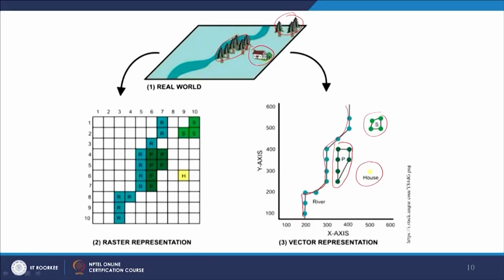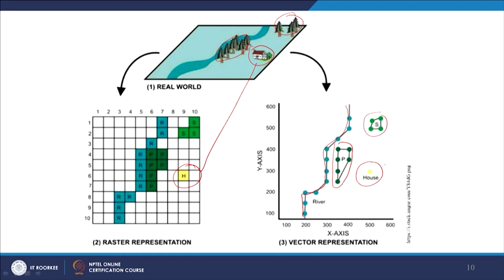If I have to represent the same real world through the raster model, then the representation is going to be completely different. For example, for the house, now this house is occupying an area, because if the resolution is 1 meter by 1 meter or 2 meter by 2 meter, then at 2 meter resolution this house is being represented as a 4 square meter area.